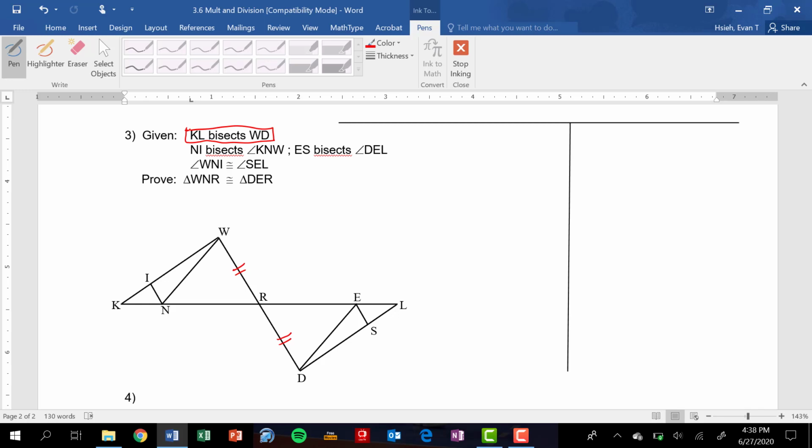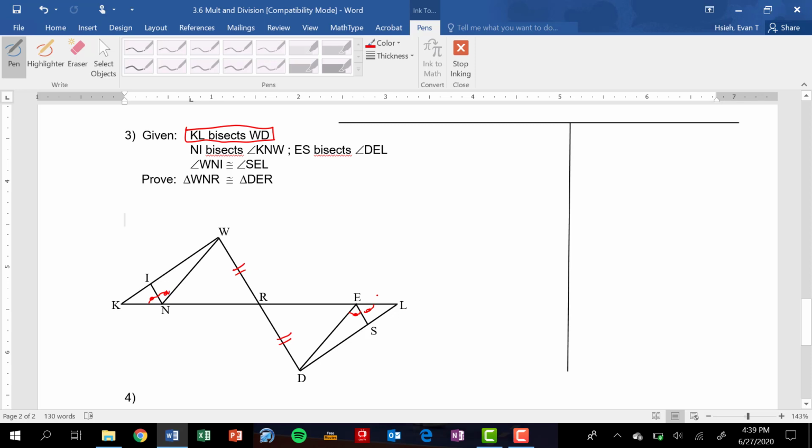You have NI bisects ANW, so these are congruent to each other, and ES bisects, so these are congruent to each other. And you know that these are actually literally congruent to each other, so all these are congruent to each other.